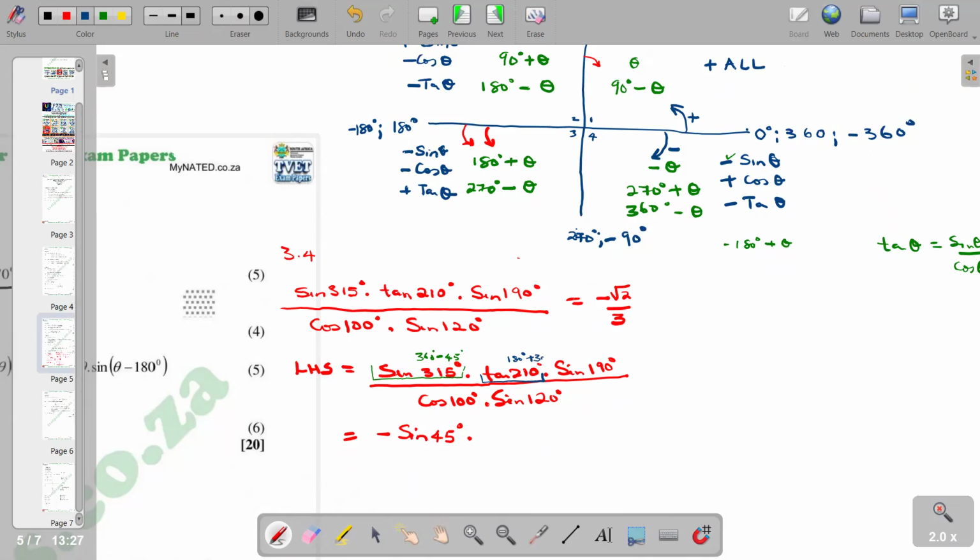It's plus 30 degrees. Ask what's the sign of tan in the third quadrant? It's positive. So this is going to change to positive tan 30 degrees.